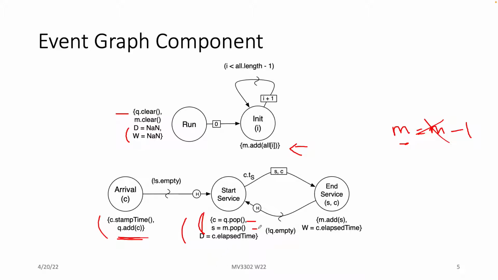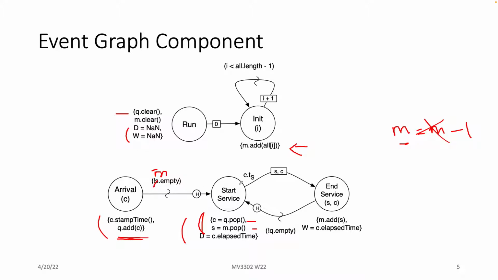But what about popping off an entity from the available machines? That's protected by, this mistake should be M, I will correct that. It's protected by the condition that the container M is not empty.